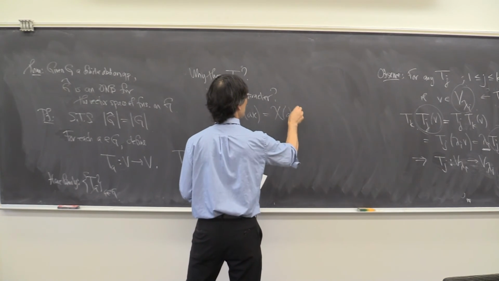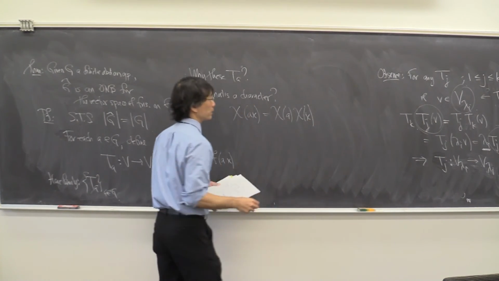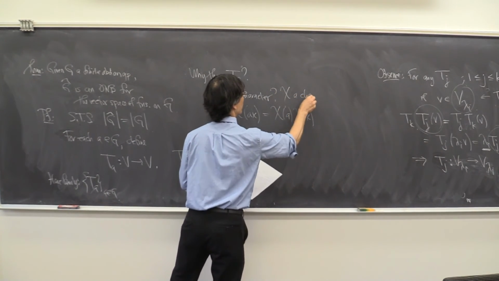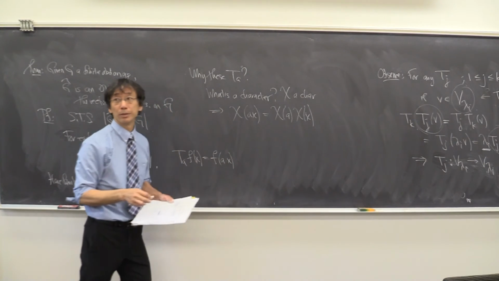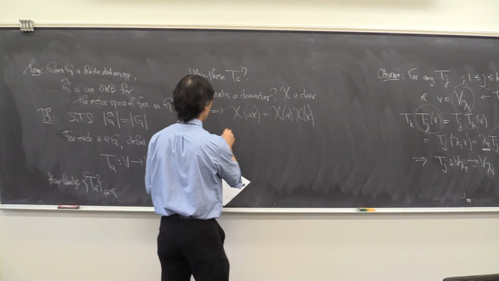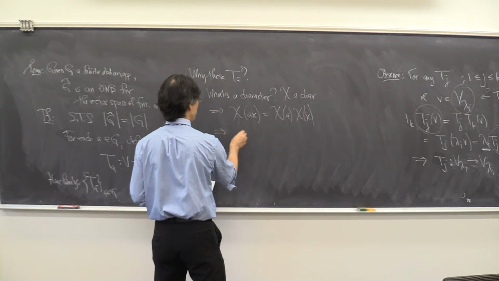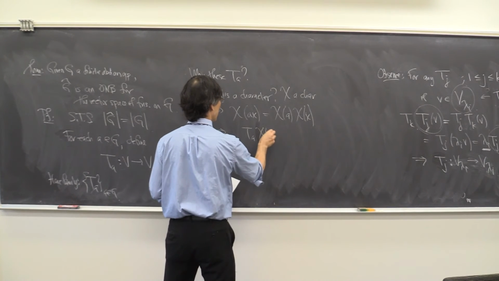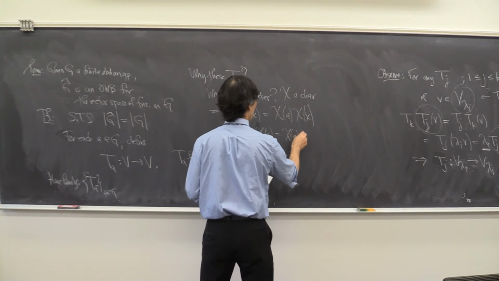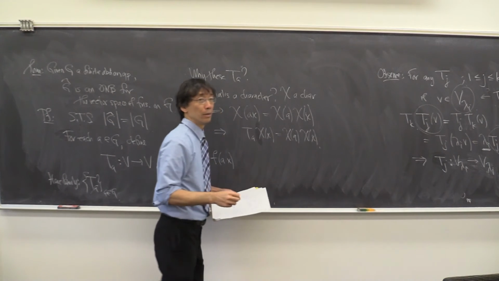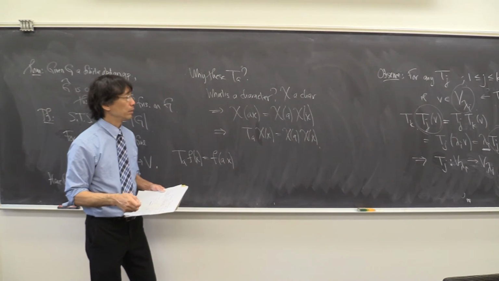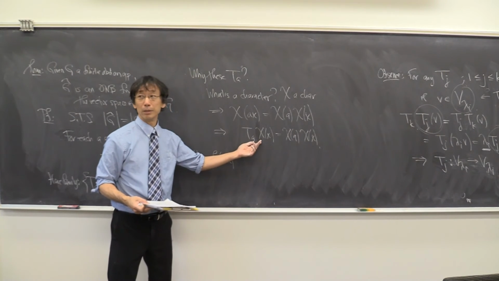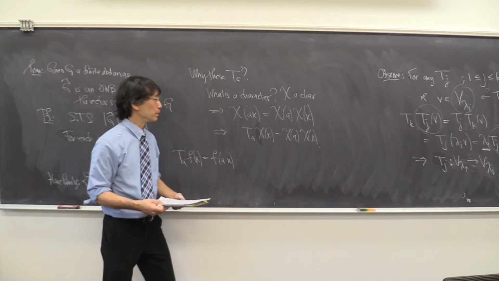So chi of AX must be chi A times chi X. If we write that in terms of the T sub A's, what that says is T sub A of chi X must be chi A chi X.